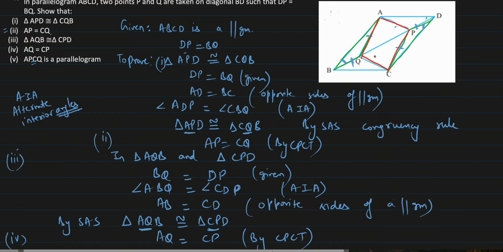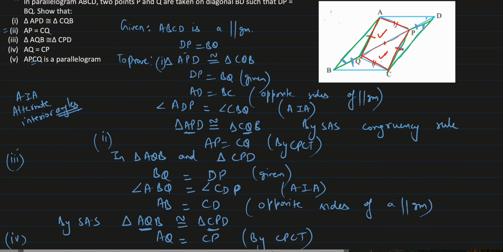I got these two as congruent triangles because AQ equals CP, proved in the fourth part, AP equals QC, proved in the second part, and PQ is common, so both triangles are congruent by SSS. Now this diagonal QP is dividing the figure into congruent parts, so hence it's a parallelogram. Or you can say that opposite sides of this quadrilateral are equal, so it's a parallelogram.